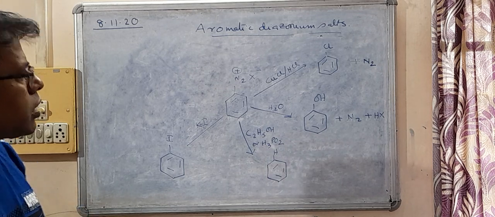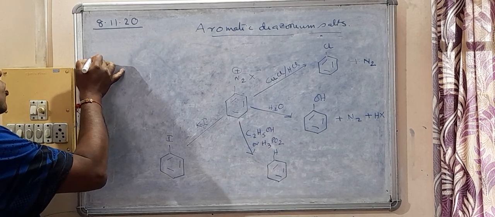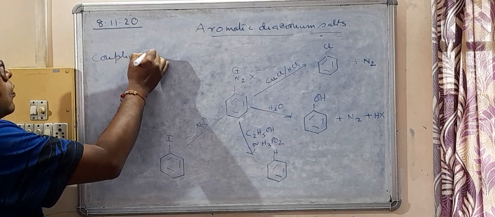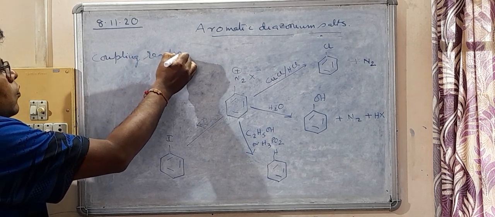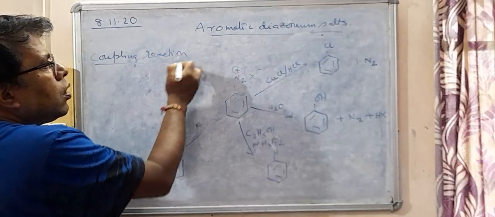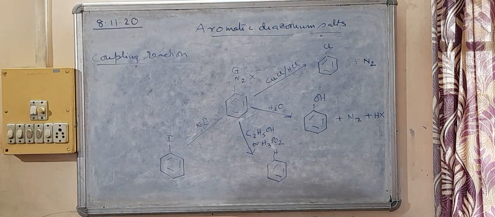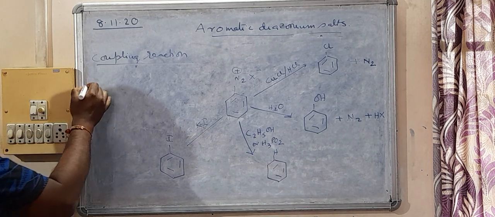Such reactions of diazonium salts are called coupling reactions. So I'm giving you one example of a coupling reaction.